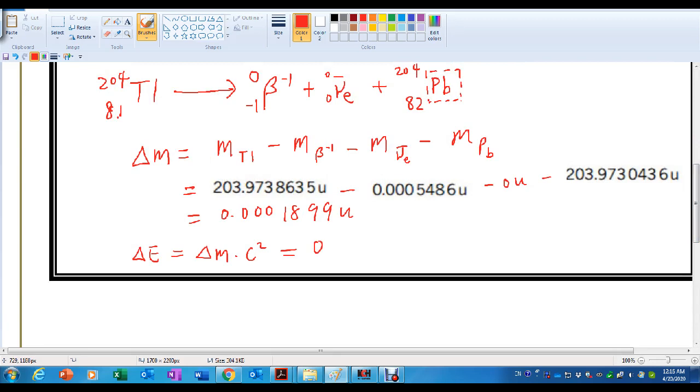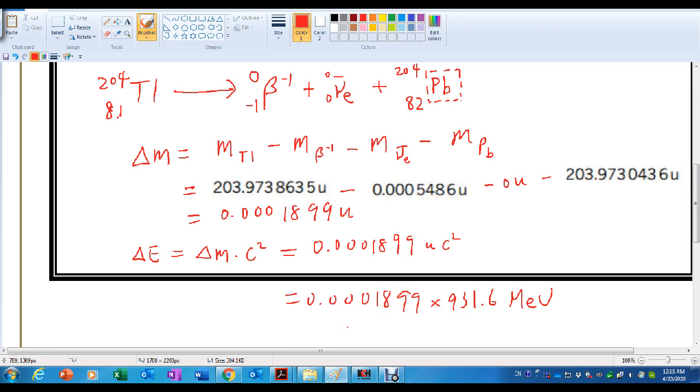Delta E just equals delta M times c squared. Delta M is 0.0001899 u. u c squared means 931.6 MeV.